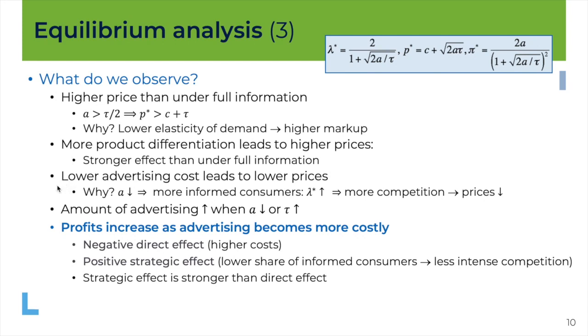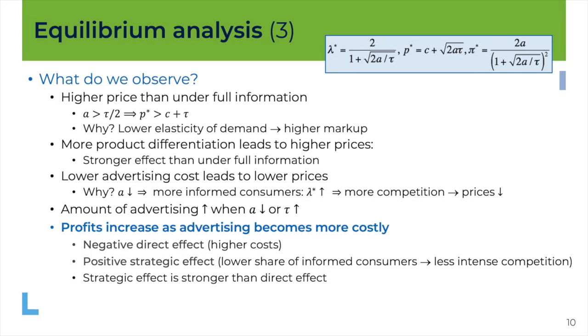Now, interestingly, if advertising cost becomes lower, so if it's easier for firms to advertise, that will lead to lower prices. Okay, why is that? Well, this is again the same intuition. Firms benefit here from the fact that some consumers don't know both products.